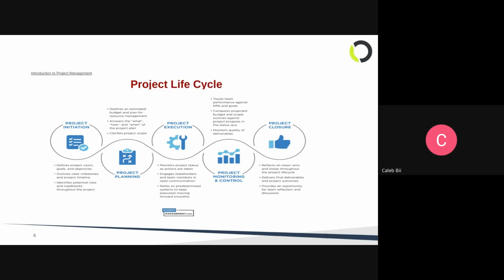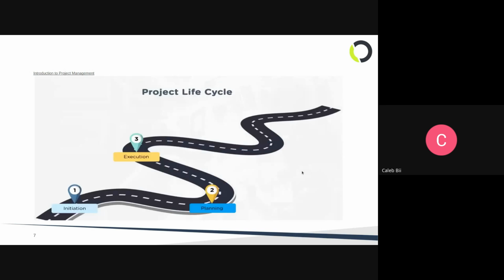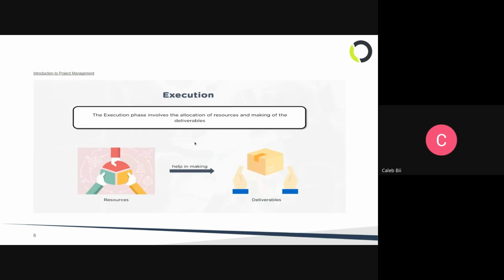So this is what we've been trying to view, and what we've been working around for the past few lessons. Today we are going to be focusing on the third phase, which is the execution phase. Execution basically involves the allocation of resources and the making of the deliverables. Here, you already have your resources. You have your team members there. You have tools that you're going to use as some of the resources.